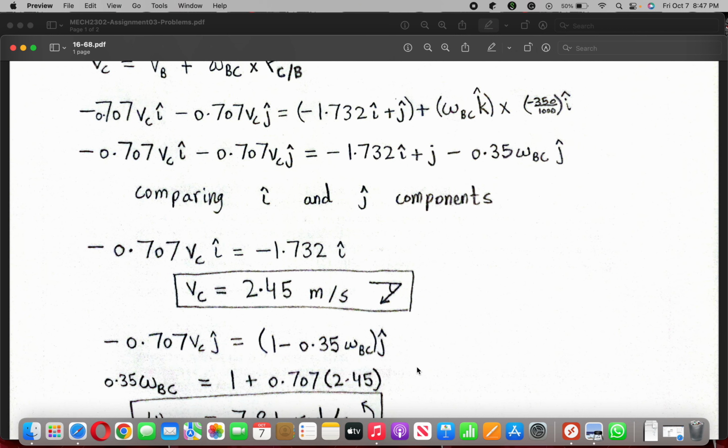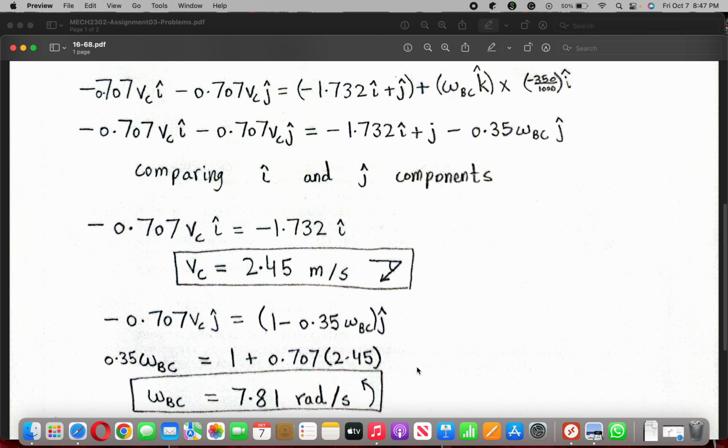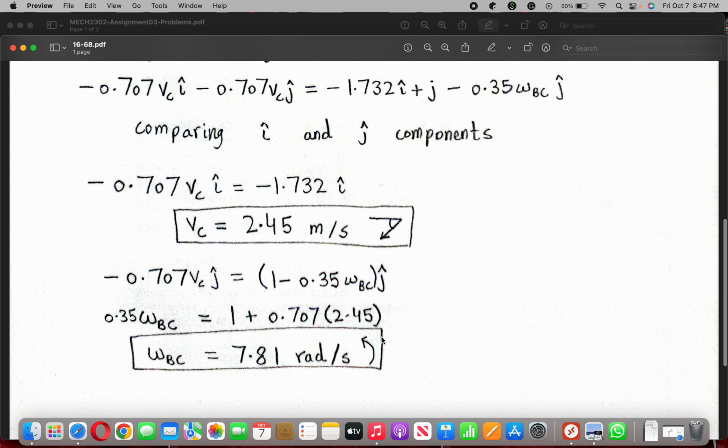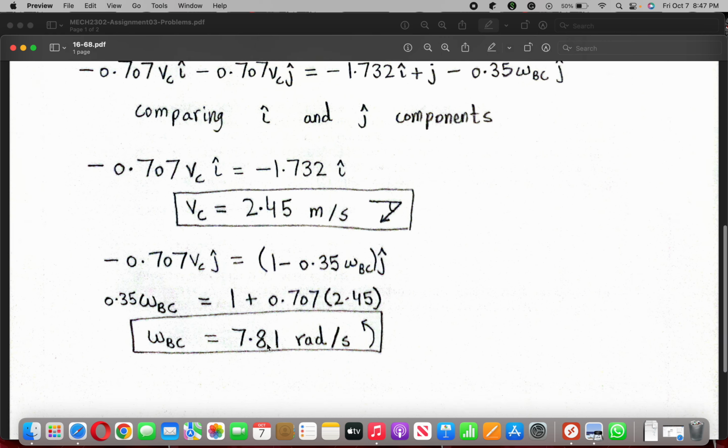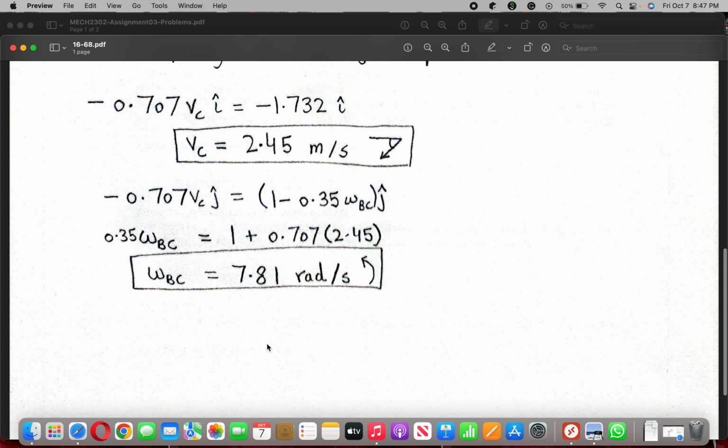And we use the velocity C value we found over here, and using the j component comparison we are able to find omega BC, the angular velocity of BC, and we get the value 7.81 radians per second. As the value is positive, we know that it is acting in the anti-clockwise direction.